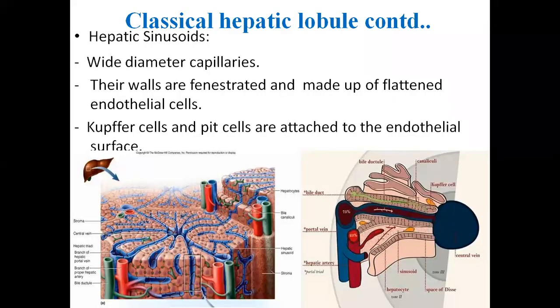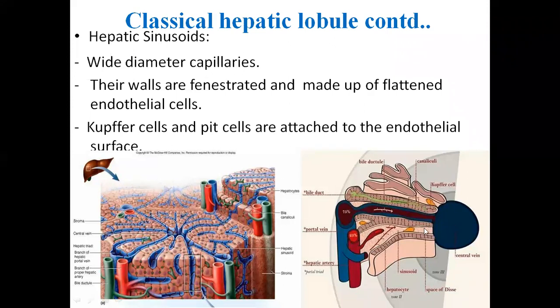So the classical hepatic lobule still continues. A little more about the hepatic sinusoids. Hepatic sinusoids are actually wide-diameter capillaries. Their walls are porous, which is why they are called fenestrated, and they are made up of flattened endothelial cells.